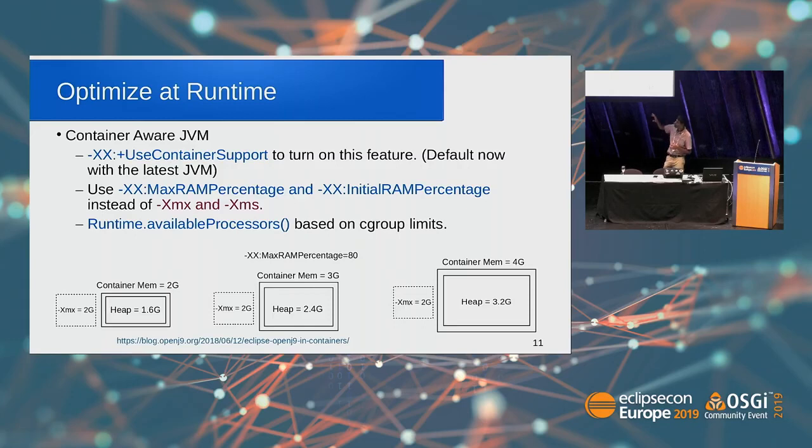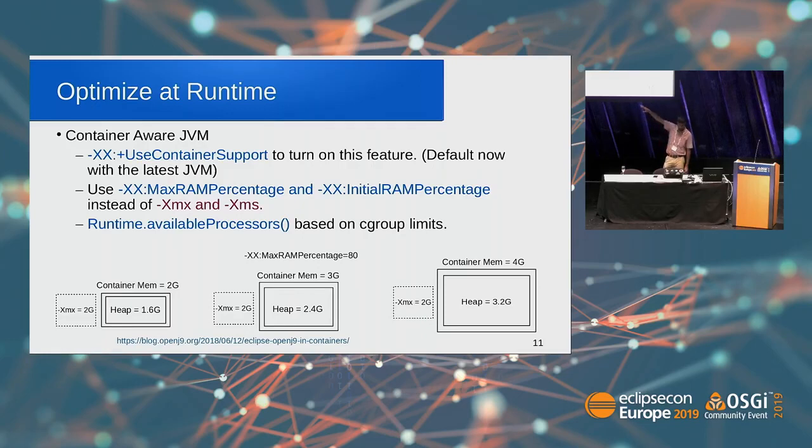So a better way to do it is to use the -XX:MaxRAMPercentage. Max RAM percentage is, as the name suggests, a percentage of the limit that has been imposed. If you're running it on a bare metal system with no containers, it just looks at the overall RAM and uses that as the basis for the percentage. Inside of a container, if a limit has been set, then it uses that limit as the overall RAM that is available to it, and then uses the percentage to calculate the heap.